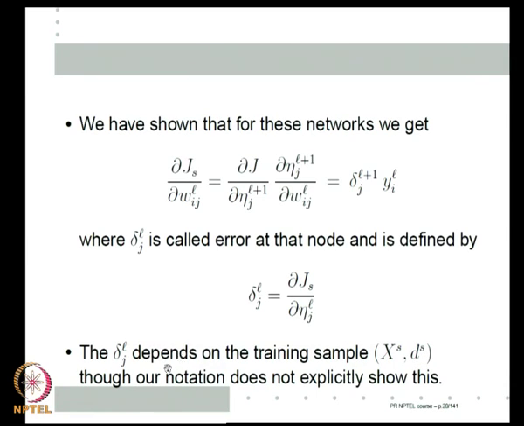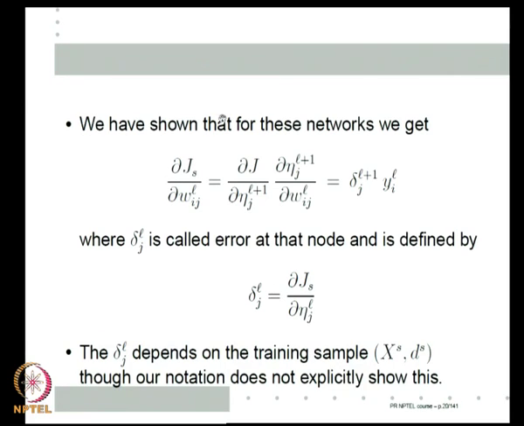So, delta JL of course depends on the training sample XS, DS, but our notation does not explicitly show it. Even though we do not show it, we mentally remember that the dependency is there.